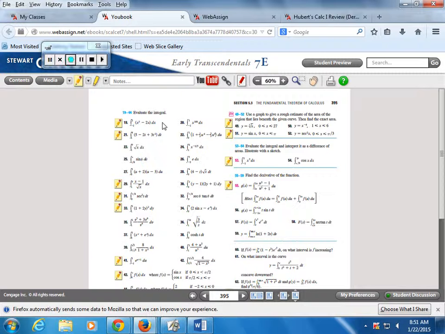One to 4, is that what y'all said? That's 5. 5 minus 2t plus 3t squared. Okay, 1 to 9.